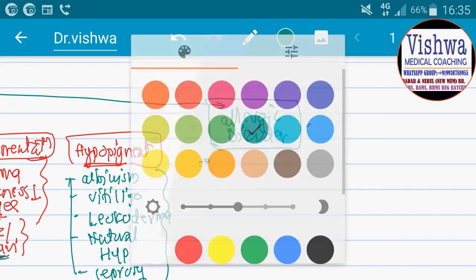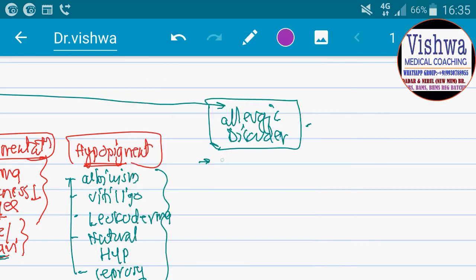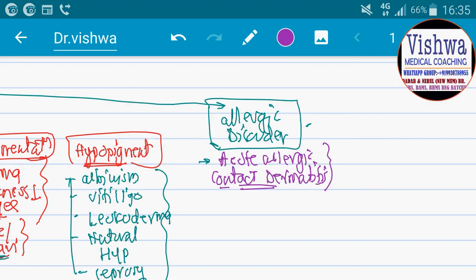The most common disorder in this, you all must know, is an acute allergic disorder, commonly also called contact dermatitis. So what exactly is contact dermatitis? Contact dermatitis means that it is because of contact with some substance.